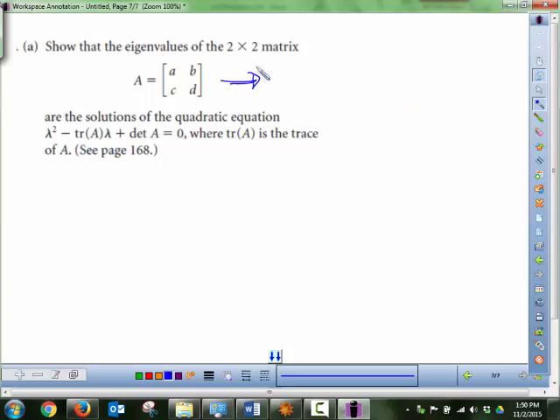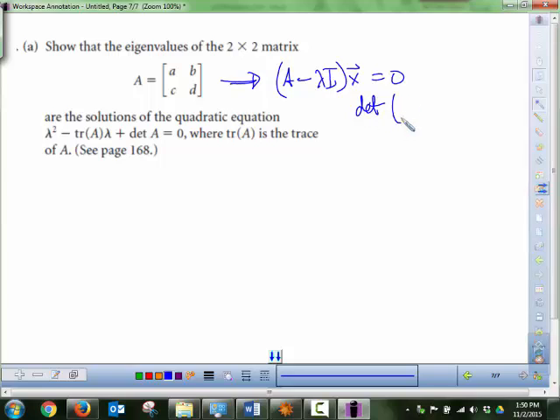So the main idea, again, is that equation, and I'll modify the equation so that we can kind of see that matrix right away. So it's this thing equal to 0, and the determinant of A minus lambda I equal to 0.